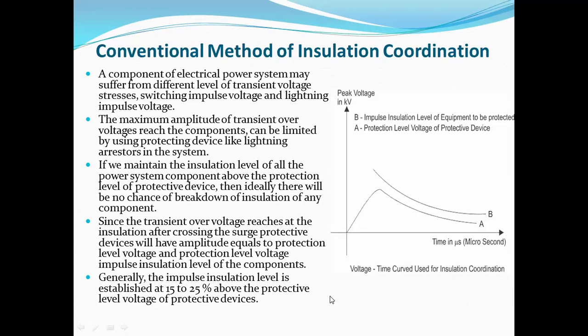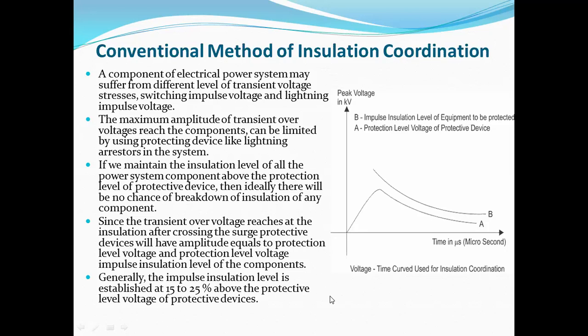Means it is 15 to 25% above the protective level voltage. Whatever the protective level voltage is, suppose beyond that 11 kV, your line will get damaged or it will break.